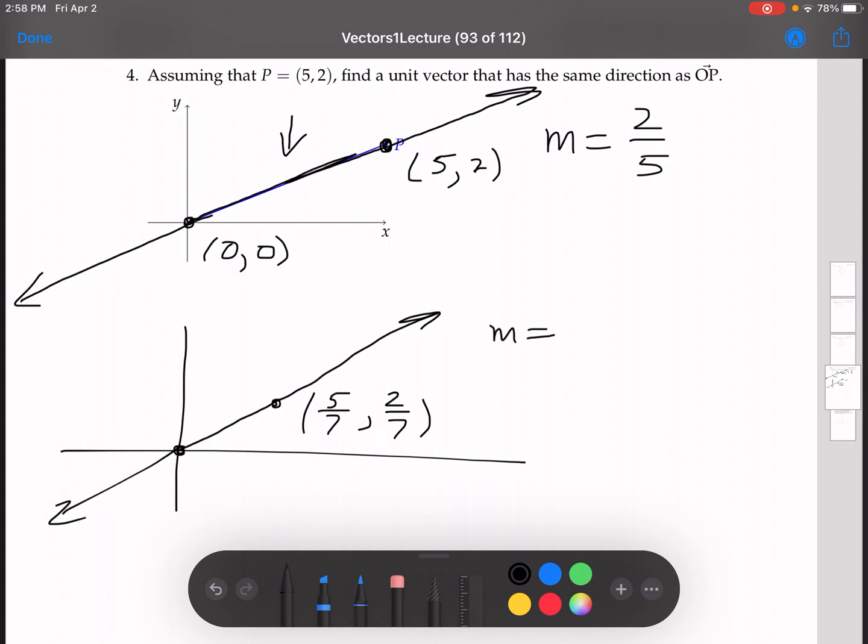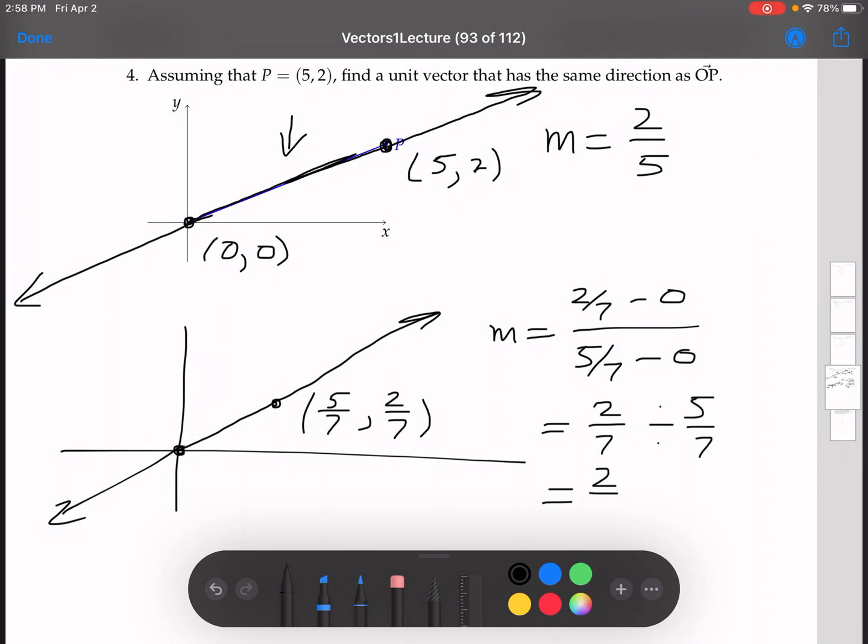Let's see. y2 minus y1. Our y2 is 2/7 minus 0 over 5/7 minus 0. That's 2/7 divided by 5/7, which is 2/7 times 7 over 5, which is 2/5.